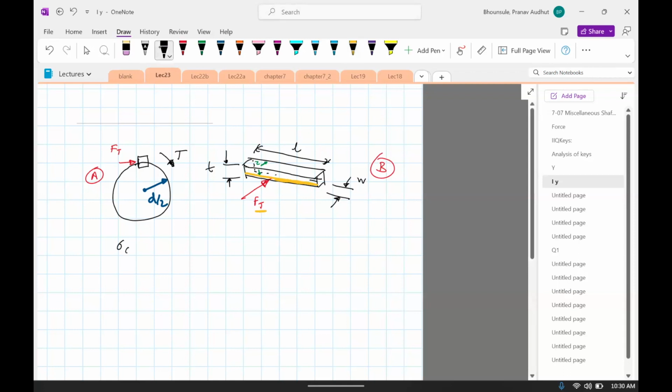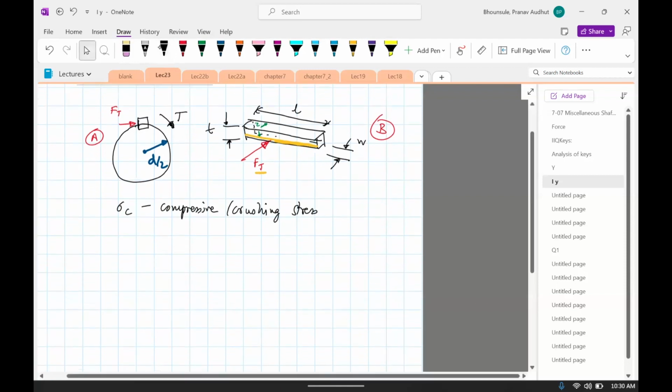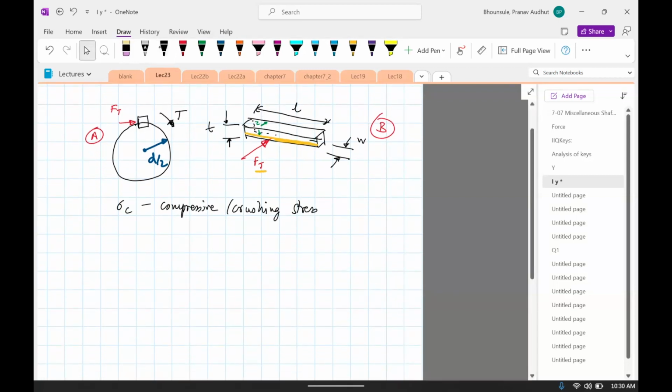So sigma C is, let's say, the compressive or crushing stress. Let's write the equation for that. Sigma C is Ft acting over the orange region shown there.